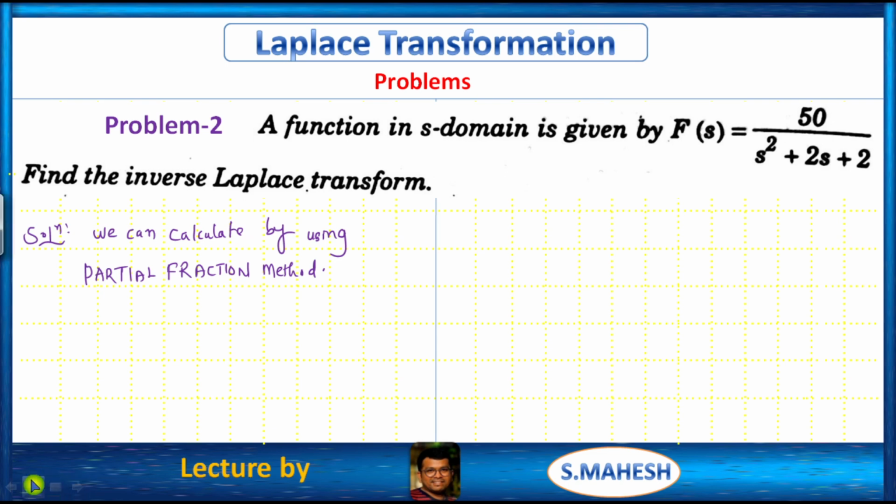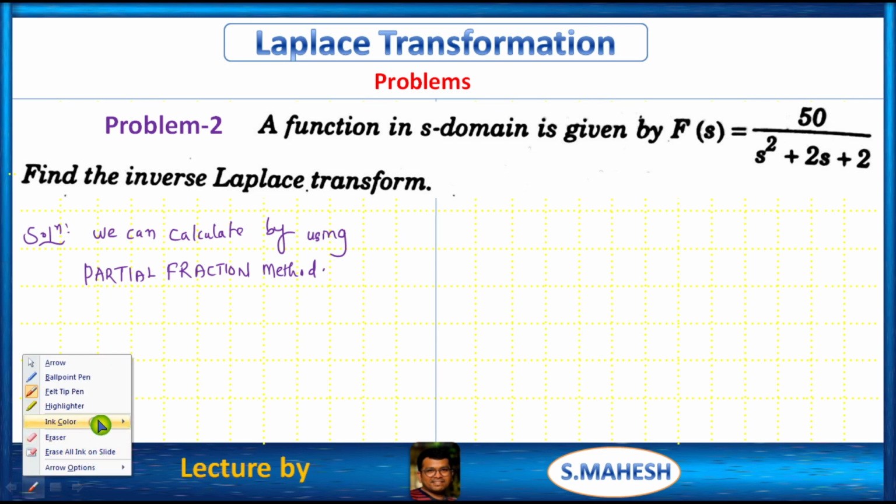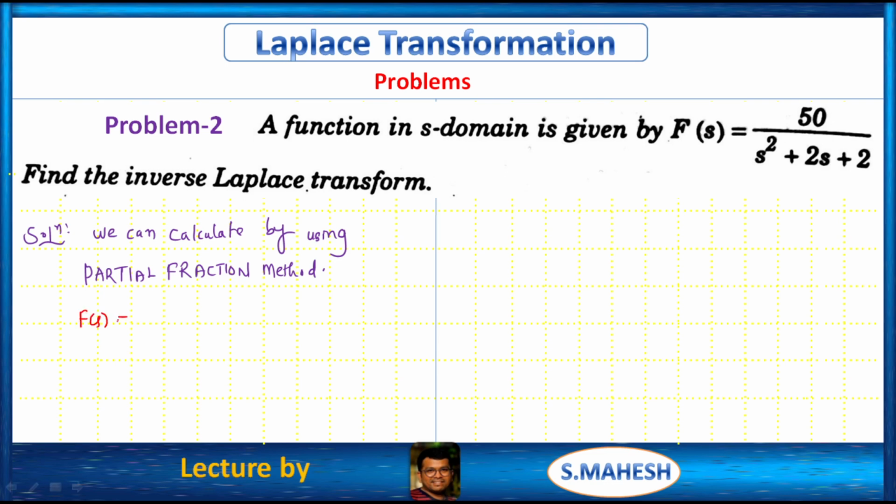So first I would like to take F of s. F of s is what? 50 by s square plus 2s plus 2.